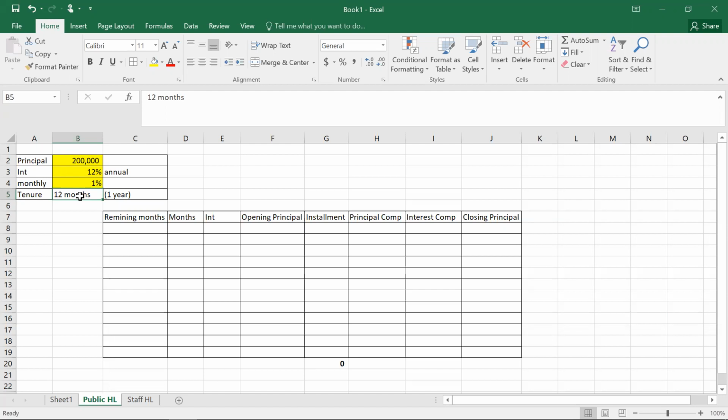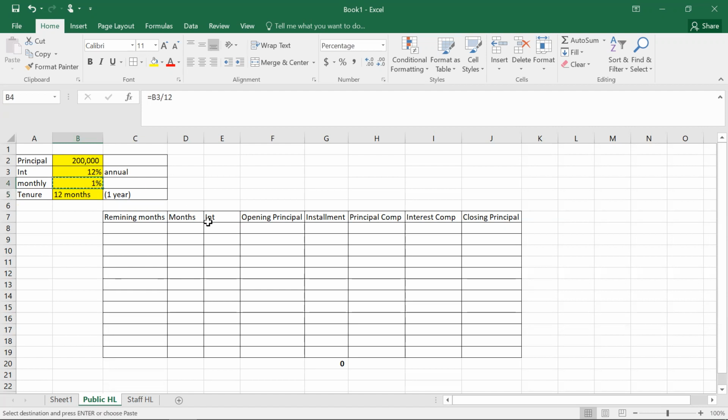But even in such a short duration, there is a difference in the amount a customer pays when we compare a public housing loan versus a staff housing loan. So we'll model the cash flow for a normal housing loan, and then we will move to a staff housing loan.